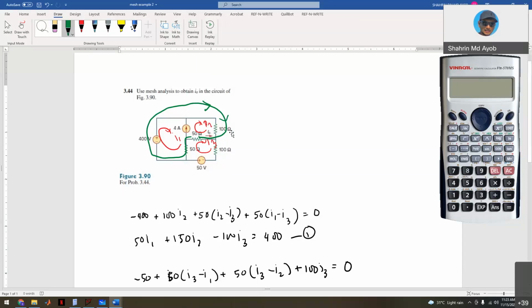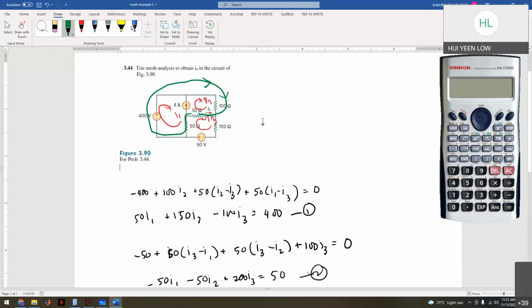To answer your question, yes, it's possible, but I think it will be very complicated because it involves a lot of variables. So since this is clockwise and I3 is the same as I naught, I take I3 minus I2 like that. Yes. Okay, thank you, doctor.